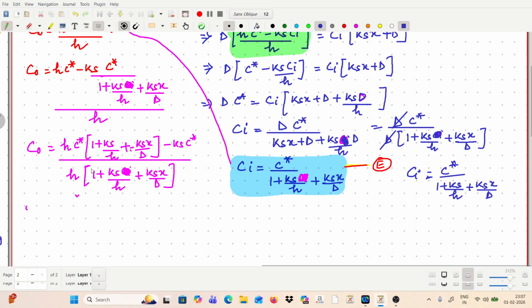So the C naught value will be, after putting this, H C star 1 plus KS by H plus KSX by D. So see, H C star, H, so this will be cancelled out.